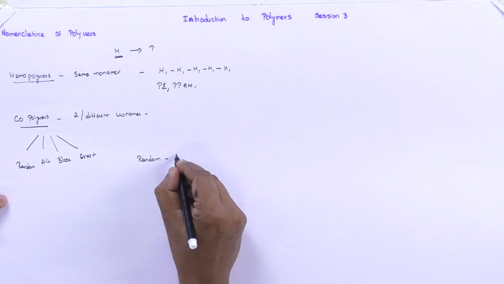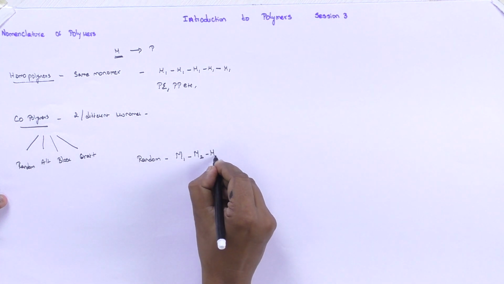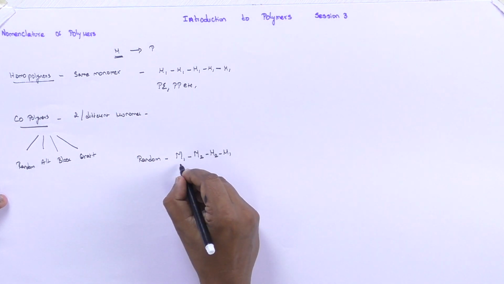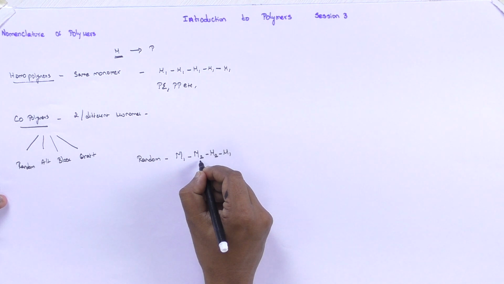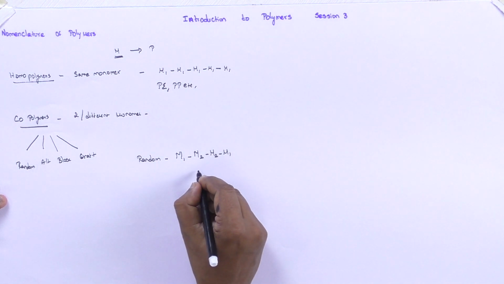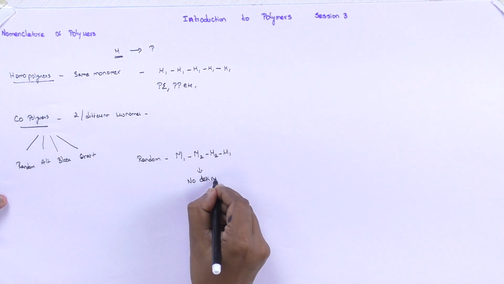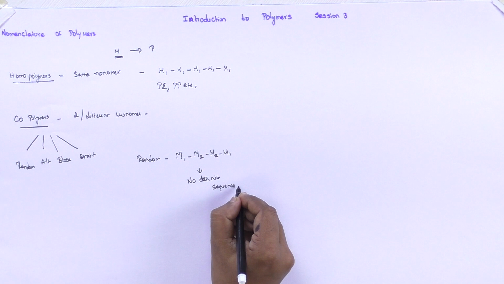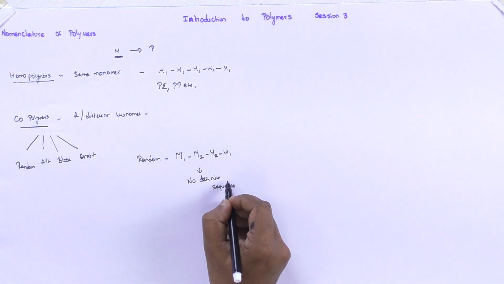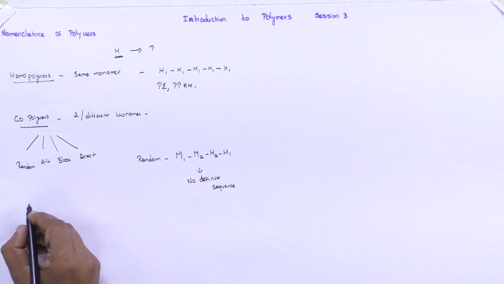Random copolymers, where the monomers may be arranged like this: M1, M2, M2, M1. So, this is one type of monomer and this one is the second type of monomer. No definite sequence is here. Second is alternate. Let us take an alternate.